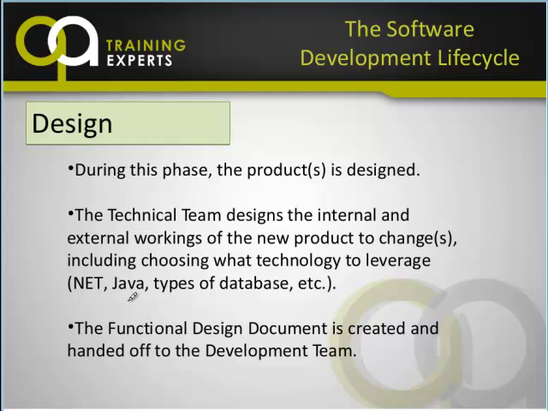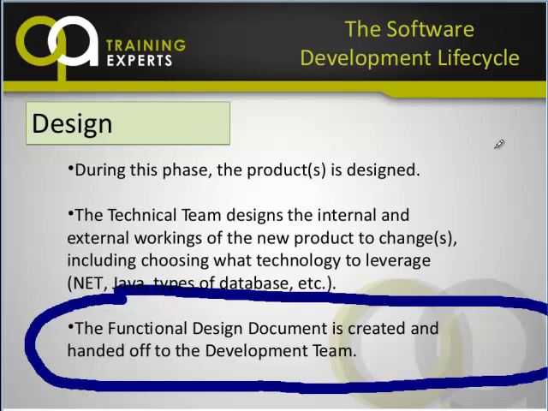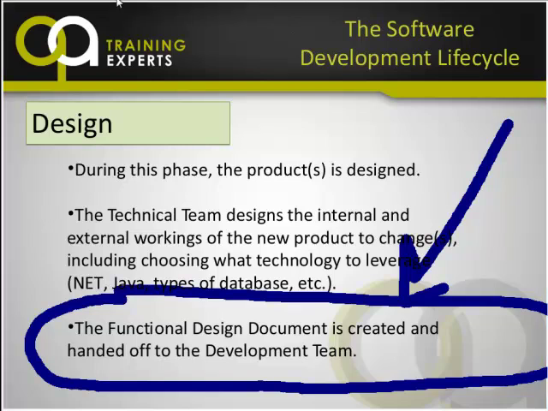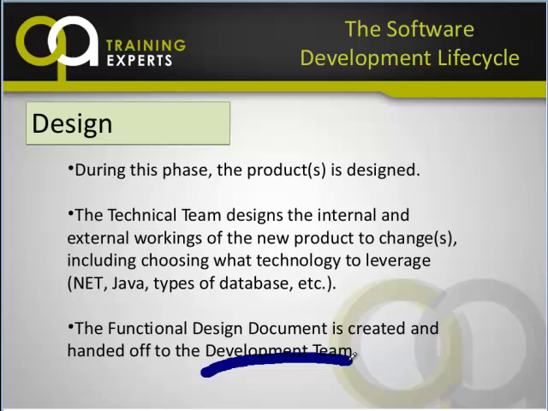This design gets put into a document called the Functional Design Doc, another document that I'm going to show you, which should have references to how it's going to look on the outside and work on the inside. Once finalized, it is then going to go to the development team to get built.